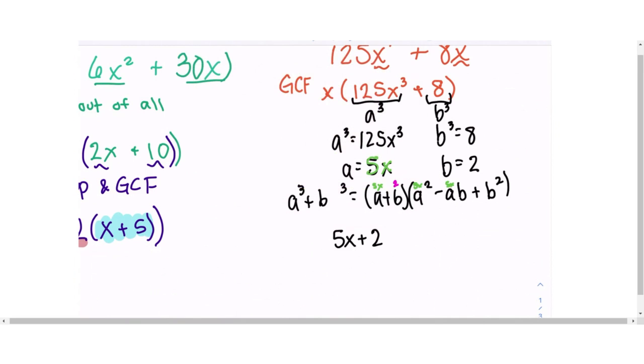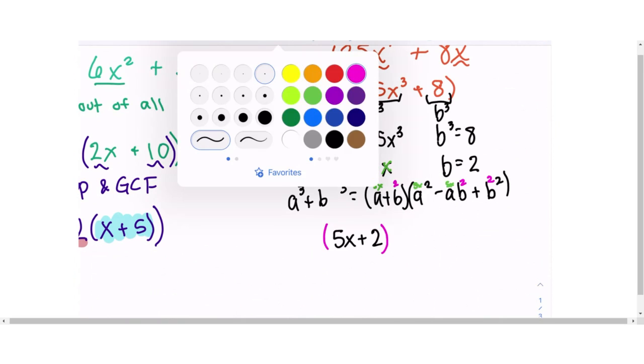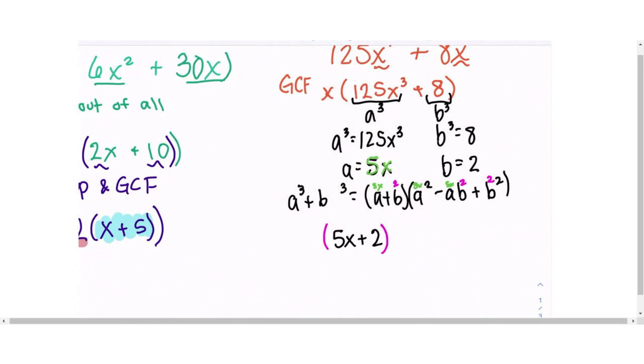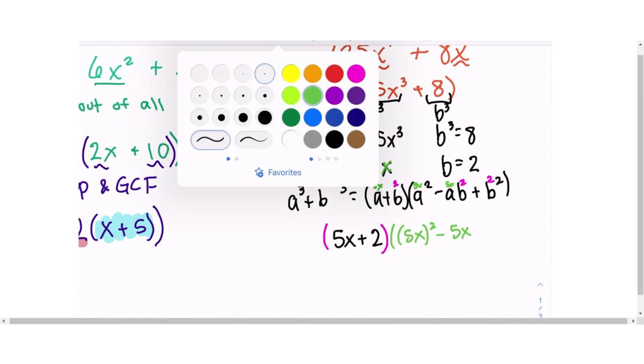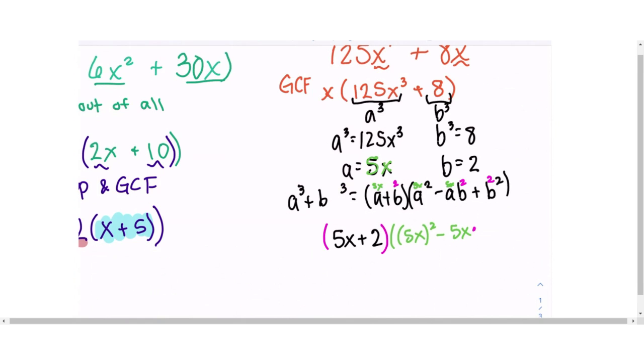So we have 2 here, 2 here, 2 here. So 5x plus 2 multiplied by 5x squared, subtract 5x multiplied by 2 plus 2 squared.